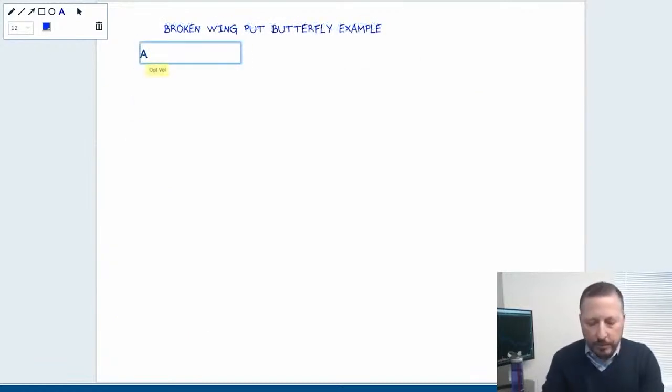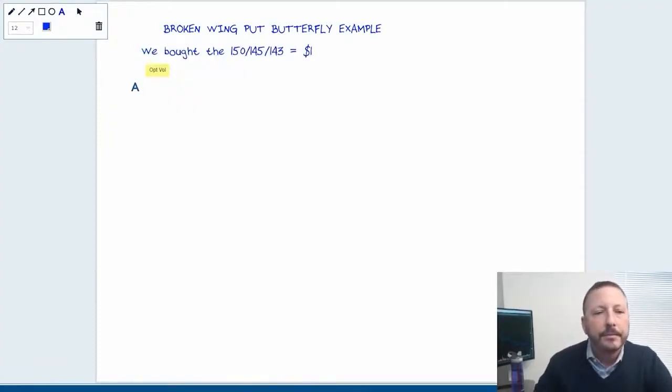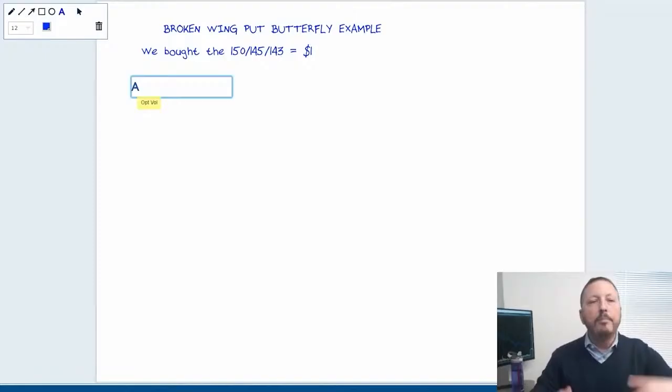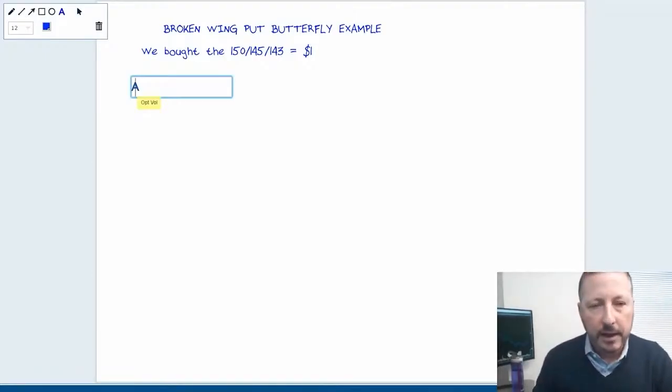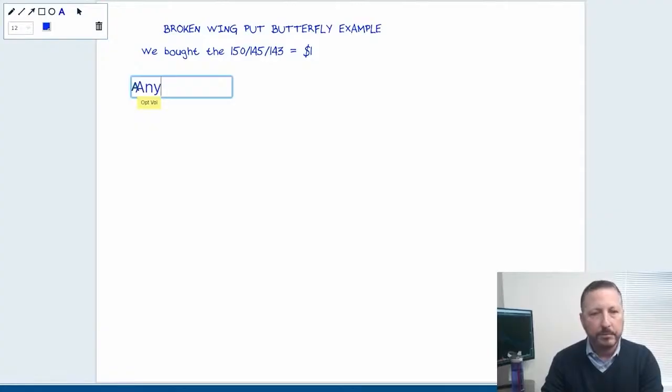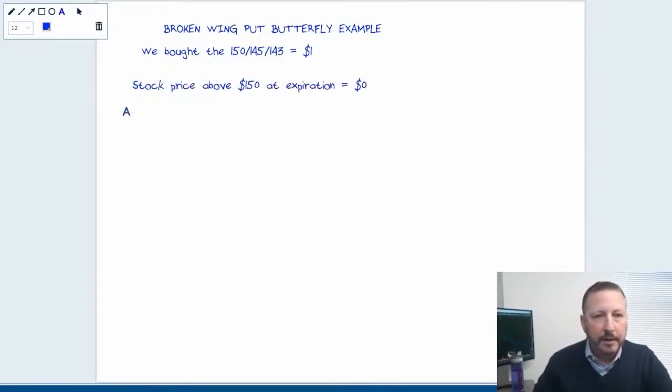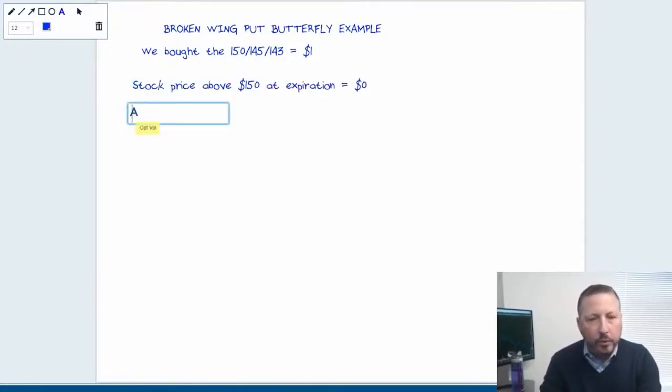So let's say we bought the 150, 145, 143, and we paid $1. Anything above 150 at expiration, what's this thing going to be worth? It's going to be worth zero, right? Because all the options are going to be worthless. Okay, let's say we're at 147.